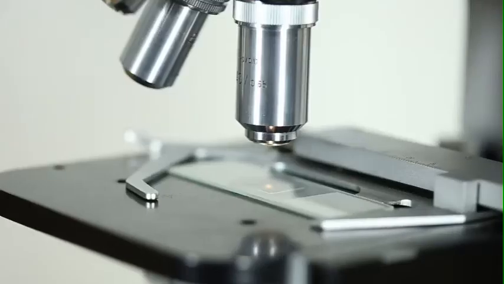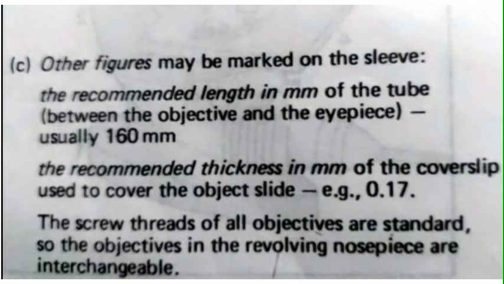C. Other figures may be marked on the sleeves: the recommended length in millimeters of the tube between the objective and the eyepieces, usually 160 millimeters, and the recommended thickness in millimeters of the cover slip used to cover the object slide, for example 0.17.